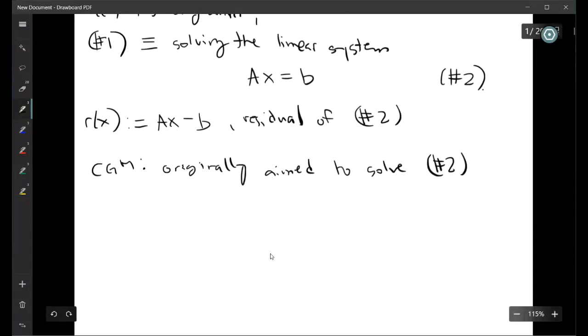So here, let's start with a general scheme for the conjugate gradients, where we don't assume yet that we have the gradient, and that brings us to conjugate direction methods.